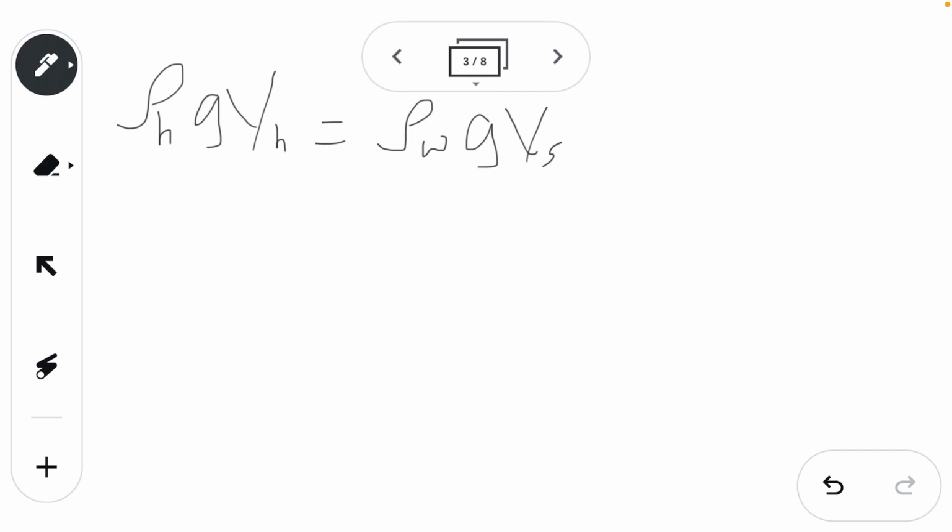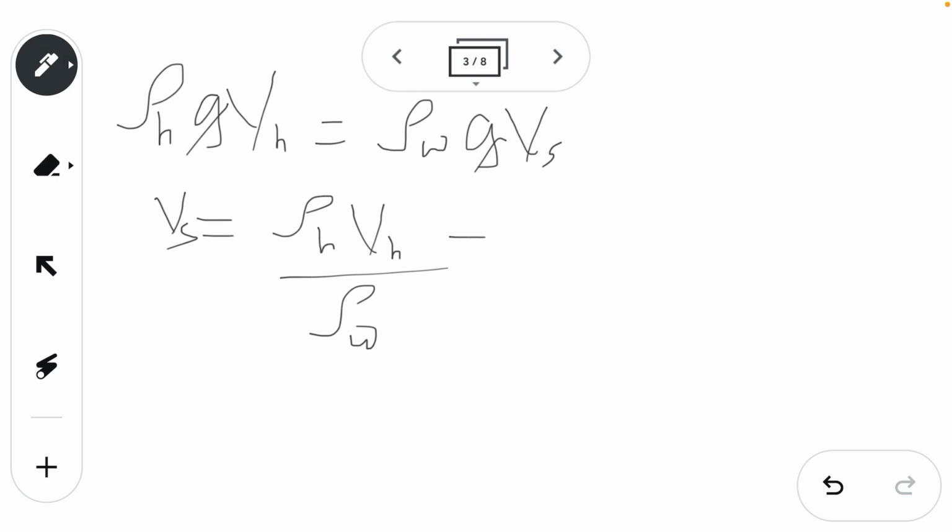Again we take out the g, so the submerged volume of this human is density times its total volume over the density of the water.